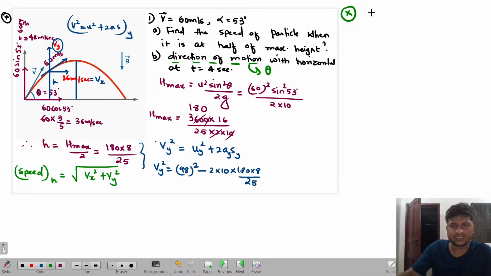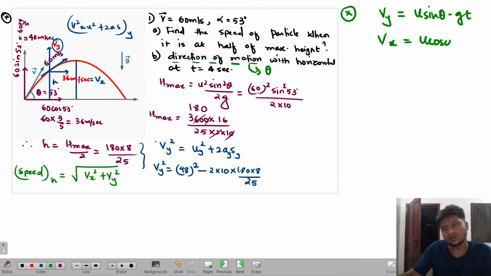So how to find? Basically, I know my vertical velocity equation at time t, that is u sine theta minus gt. And I know my horizontal velocity equation at time t, that is u cos theta. So this angle made over here, let us call it theta, or alpha, whatever you want to term it, is given by tan of the angle equal to vertical velocity component by horizontal velocity component, or not?